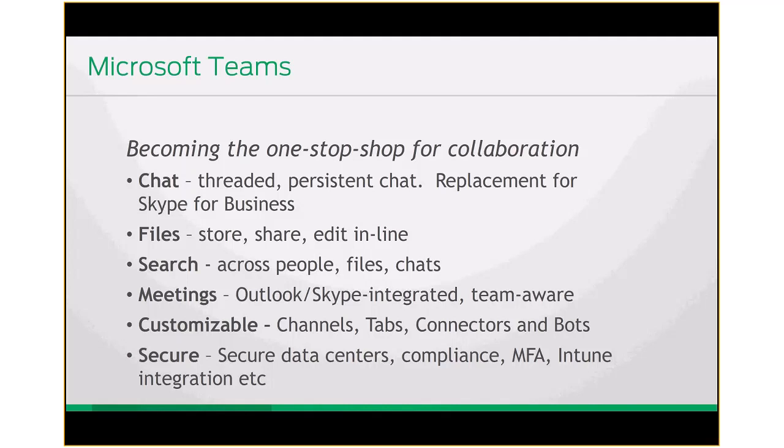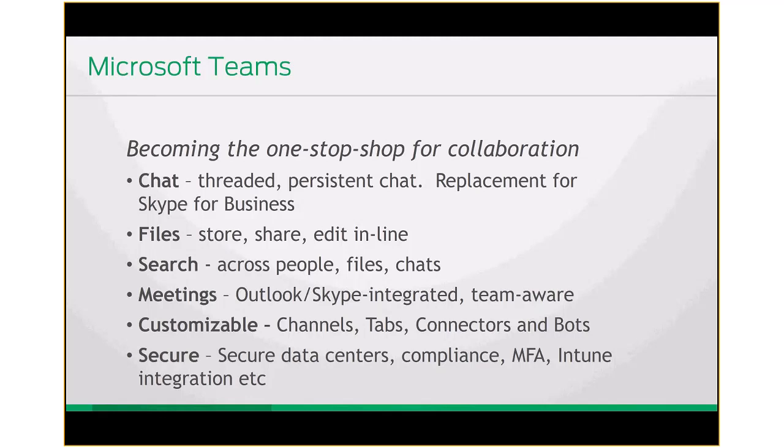But its main features, the main things Teams is known for, would be chat. I can chat one-on-one. I can chat with a whole team. It's persistent, which doesn't mean what we mean when we say email is persistent, by which we mean it's unmanageable and it never stops.